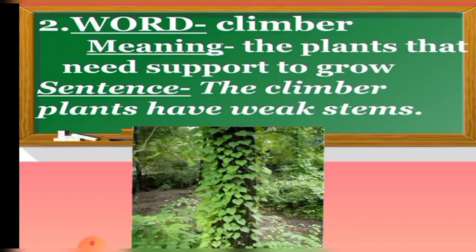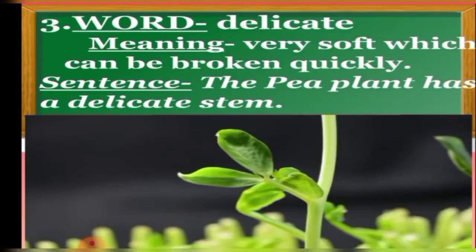The plants that need support to grow are called climbers. The climber plants have weak stems. Next word is delicate. Very soft, which can be broken quickly, is called delicate. The pea plant has a delicate stem.